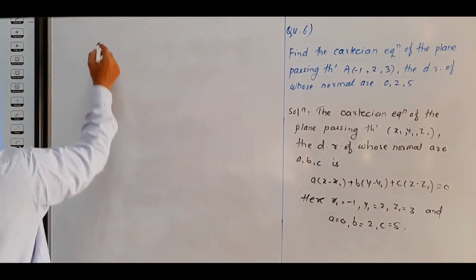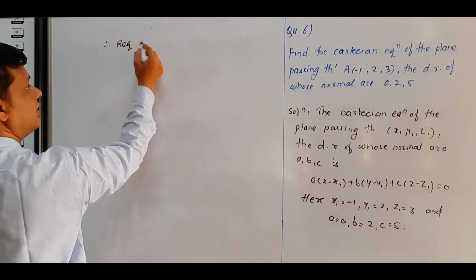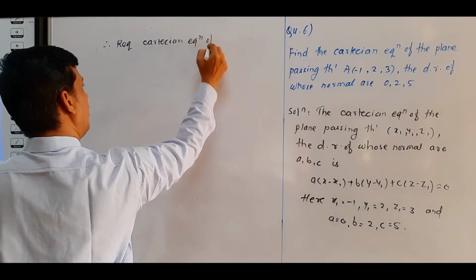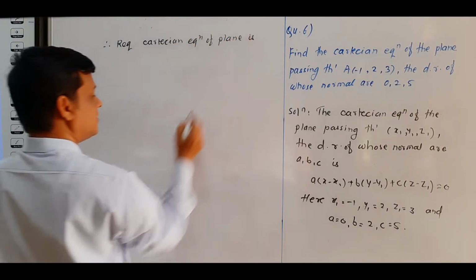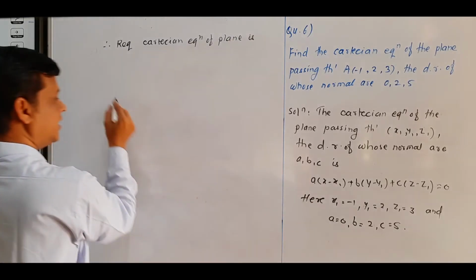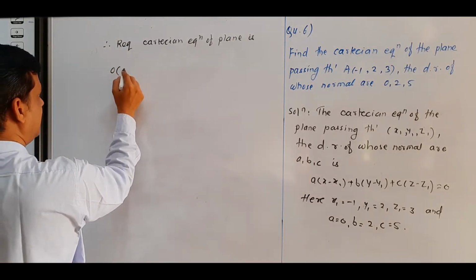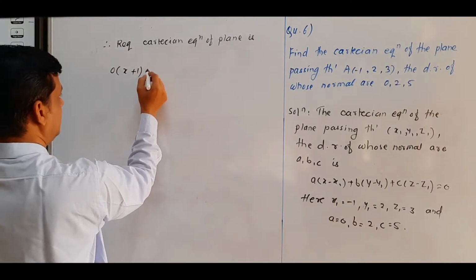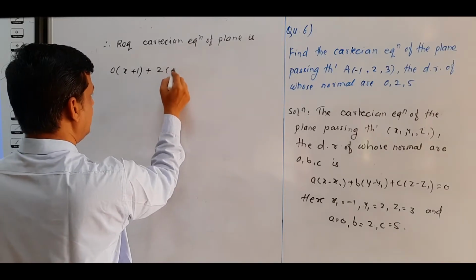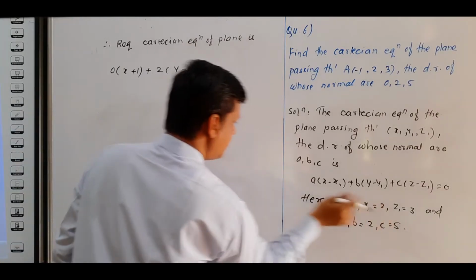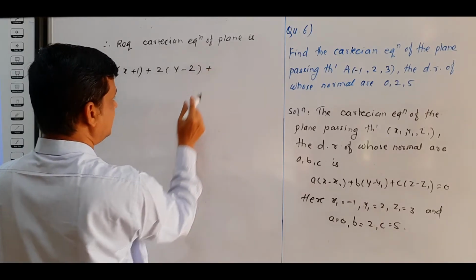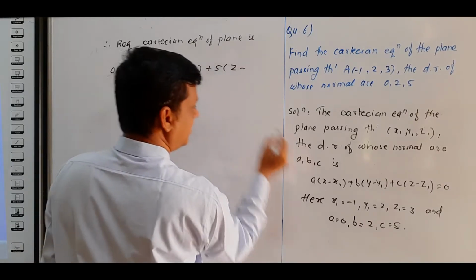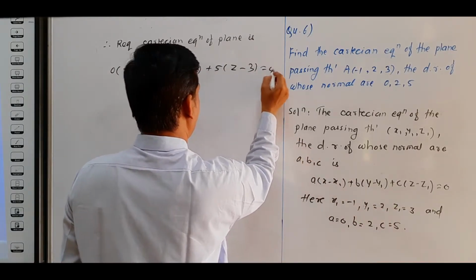So we write here, therefore required Cartesian equation of plane is, now substitute the values, here A is 0, so we write 0 in bracket, x minus x1, x1 is minus 1, so minus minus gets plus 1, plus B, B is 2, y minus y1, y1 is 2, so y minus 2 plus C is 5, 5 in bracket, z minus z1, z1 is 3 is equals to 0.